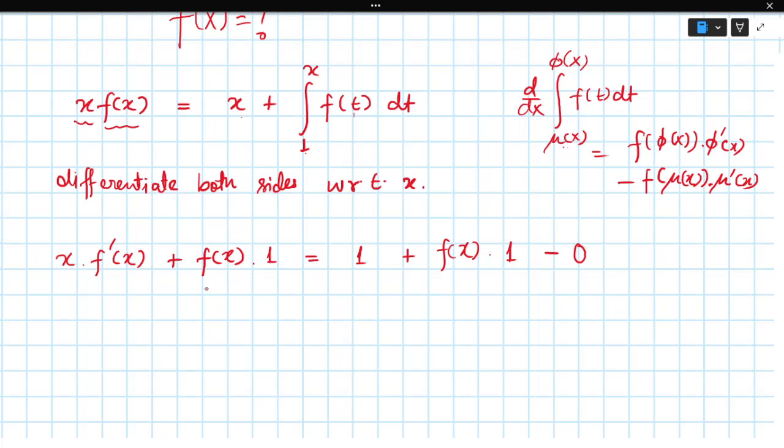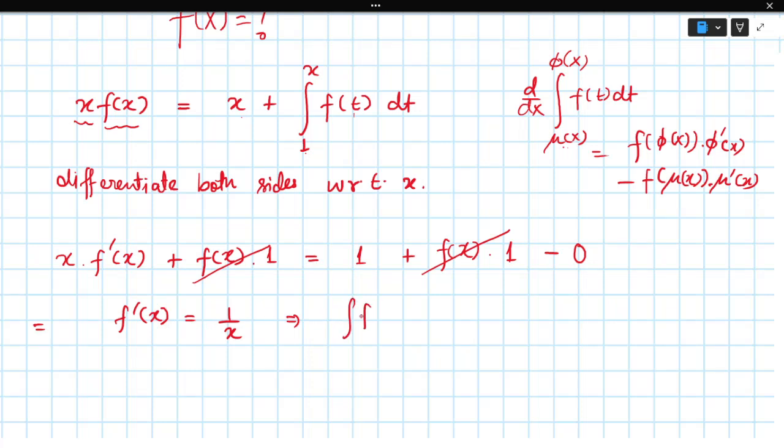So therefore we obtain that f'(x) comes out to be 1 over x. One can find the value of f(x) by integrating both sides.